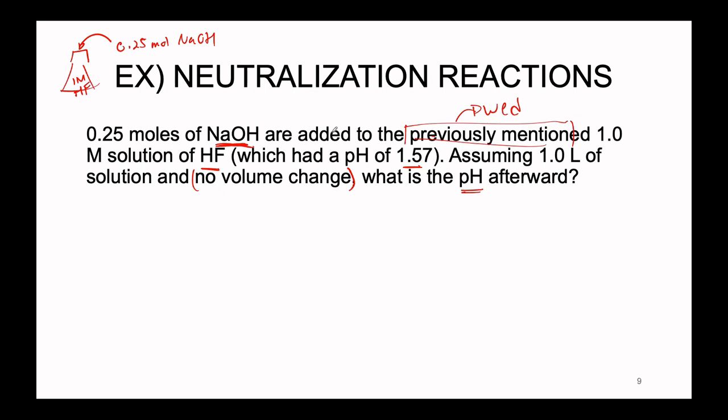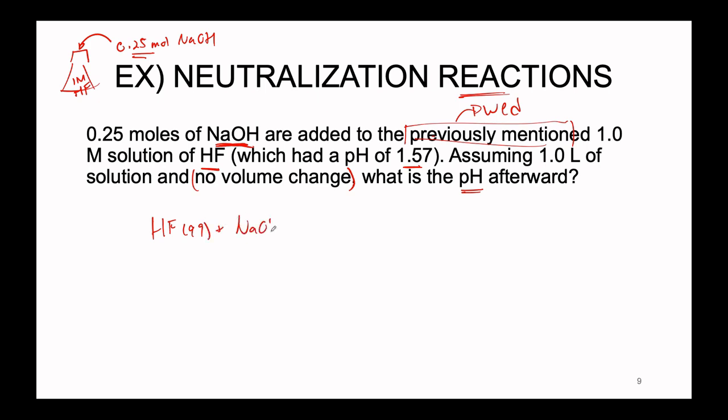Okay, so the reaction vessel, this flask, contains 1 molar HF and now 0.25 moles of NaOH. If our goal is to figure out what's the pH after a neutralization reaction has occurred, well, we'd probably start by writing out what our actual chemical reaction is. We have HF, aqueous.